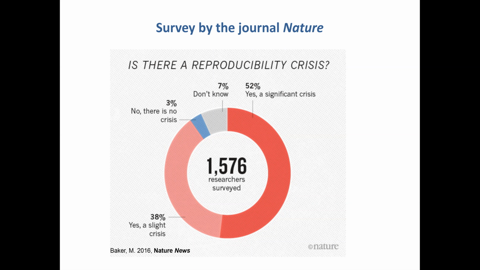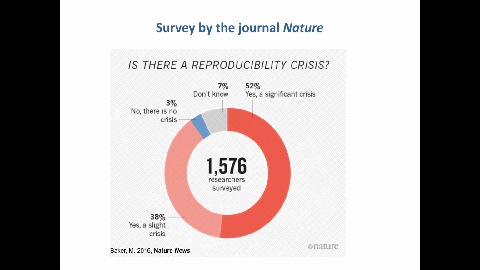We should tone this down. But actually, there is concern, and since this piece by Monya Baker, it's really clear that most researchers are convinced that there is a big problem, and then we also should call it by this name.